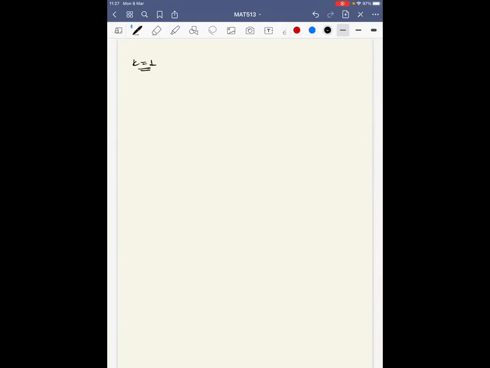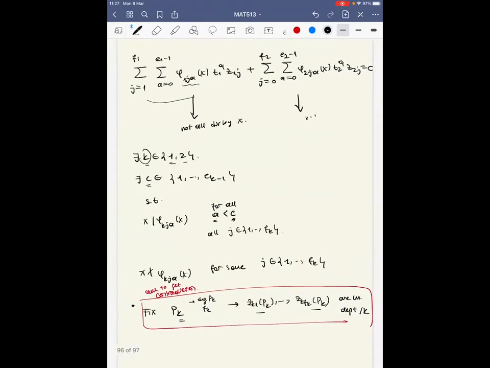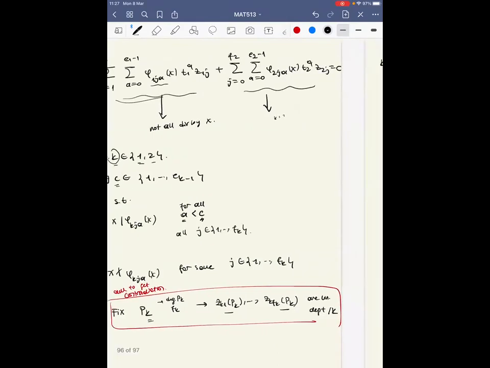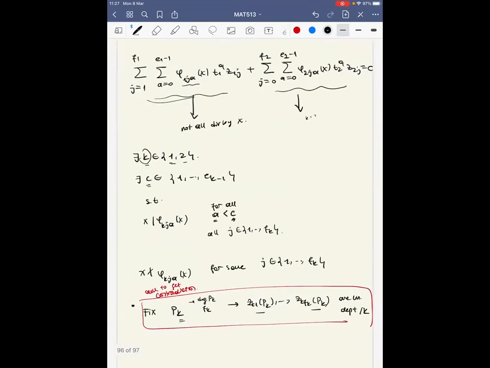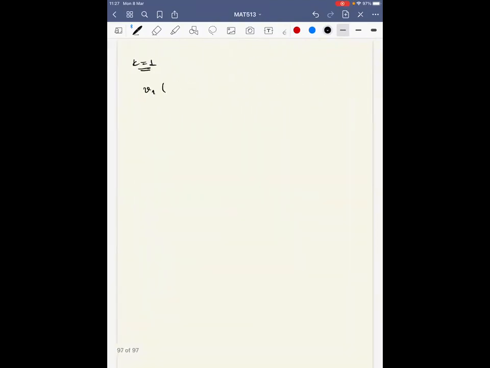When we fix the k, here we can observe that all terms belong to the corresponding place Pk, because if we look at the valuation of each term, for instance, in this summand, that means v1 of phi of 2j ax 2 to the a.